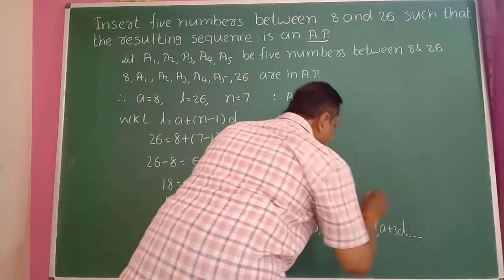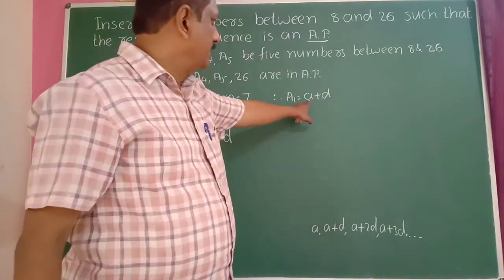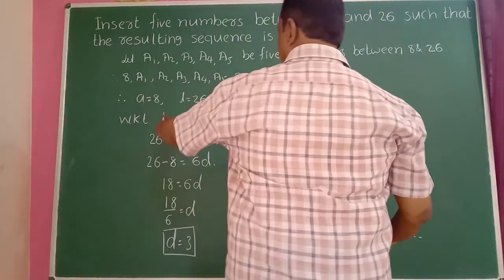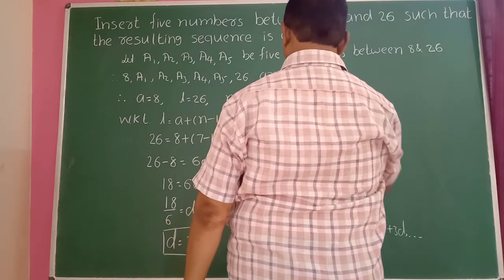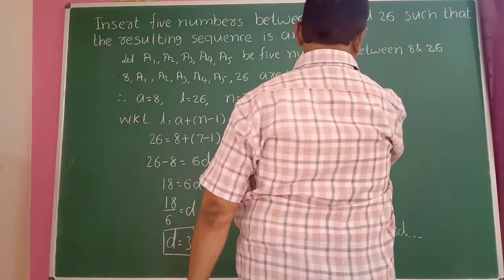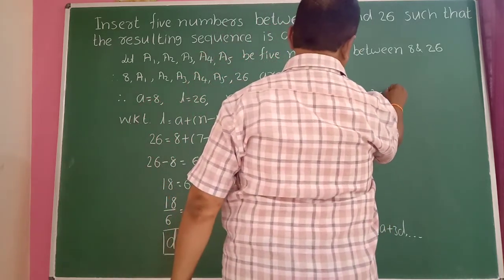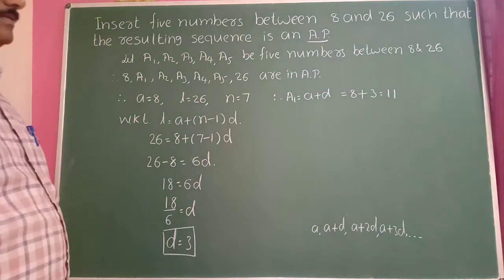They are in AP, hence the second term is a plus d. So a1 is equal to a plus d. The a value is 8, and the d value is 3. Then 8 plus 3 becomes 11. So a1 is equal to 11.